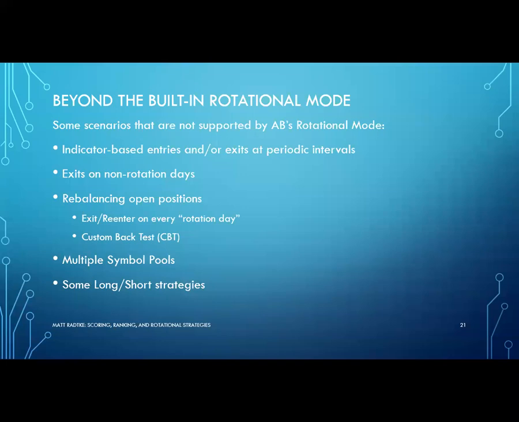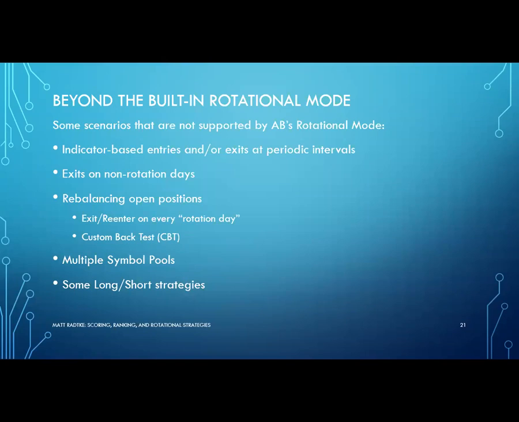Another thing that doesn't work so well in AmiBroker's built-in rotational mode is having multiple symbol pools. So what if I have, let's take an example of the good old stocks and bonds 60-40 portfolio, but I want to rotate through the best stocks and the best bonds for any given month.